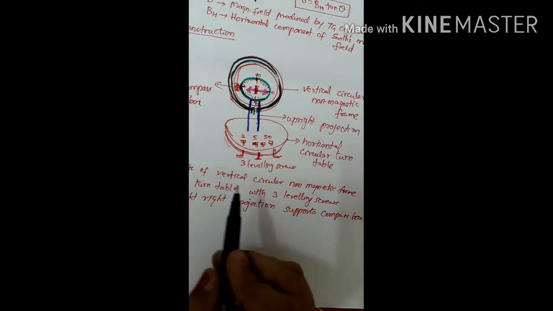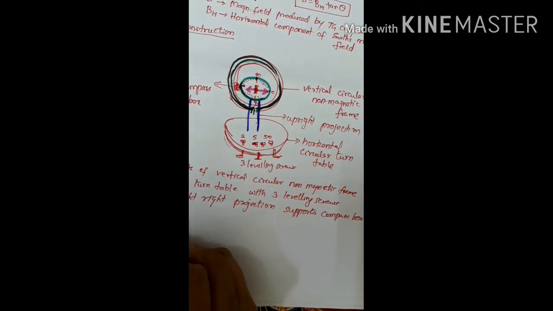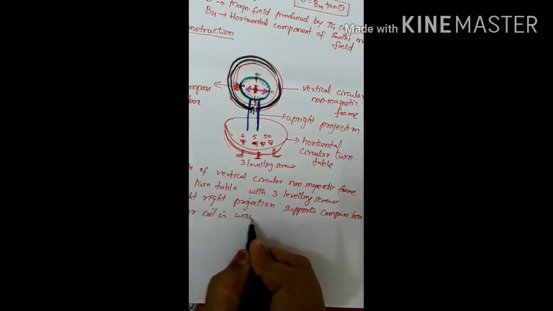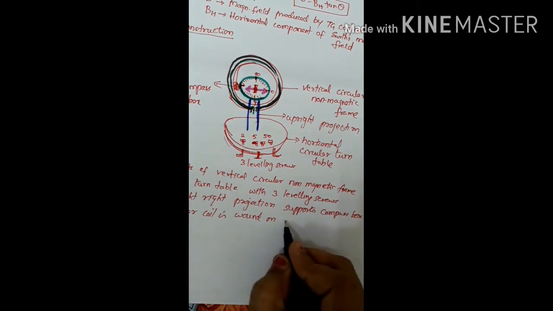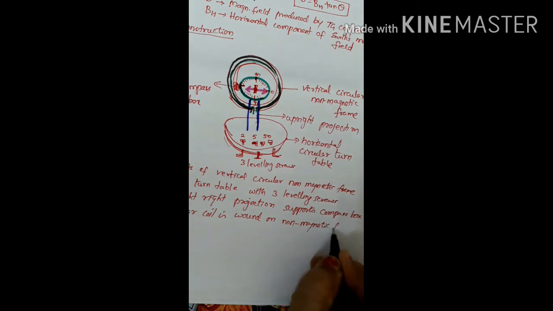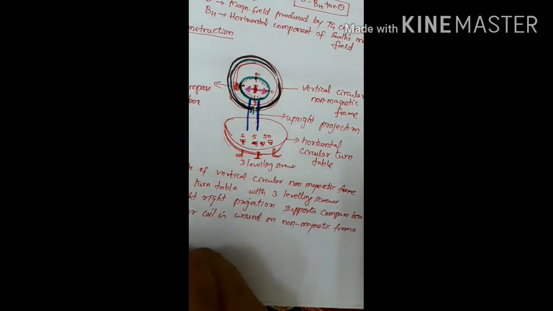Before that we will explain about this coil. What will you write? Circular coil is wound on non-magnetic frame.